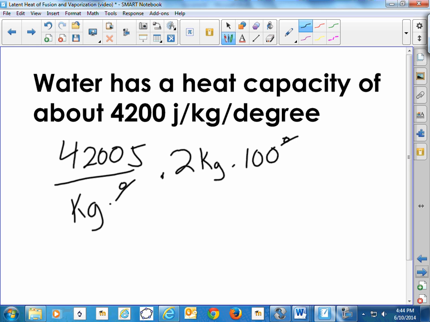The degrees cancel, the kilograms cancel, and we just have joules for a value of 840,000 joules.